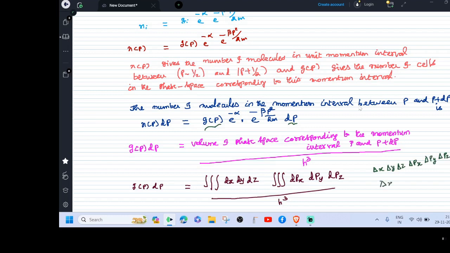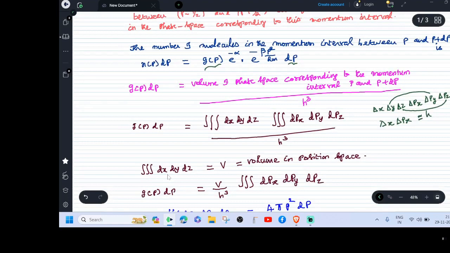We know that delta x into delta px, the product of error in position and momentum, is almost equal to h, Planck's constant. So in this manner, if you combine these two things, you can get another h. If you combine these two things, you can get another h, so that the volume of phase space is h cube. We can arrive at this.